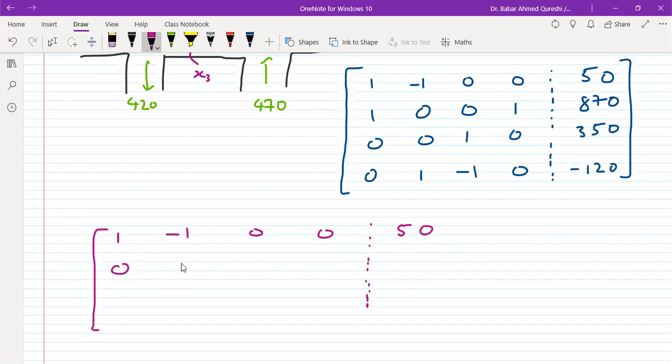0, 1, 0, 1, minus 50 plus 870, that gives me 820. 0, 0, 1, 0, 350. Now I see I don't need to swap anything because I already have a lead variable here and I just need to make this 0.